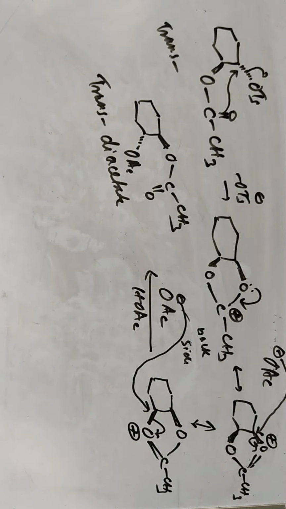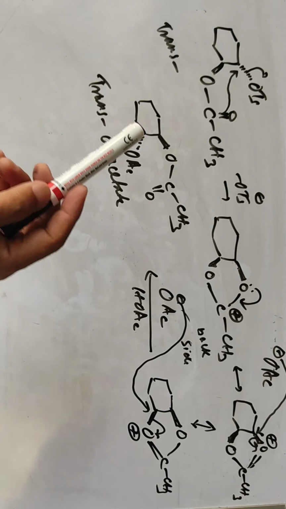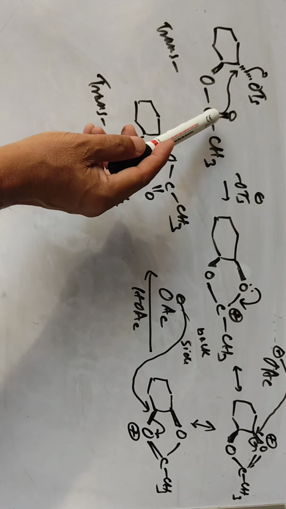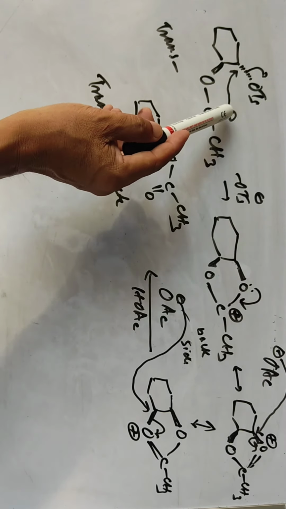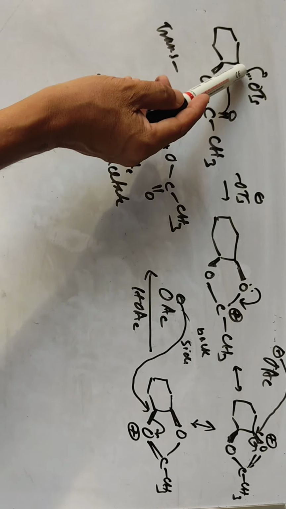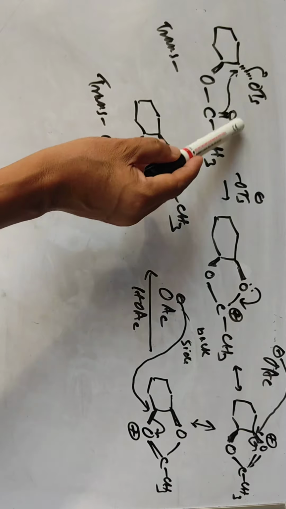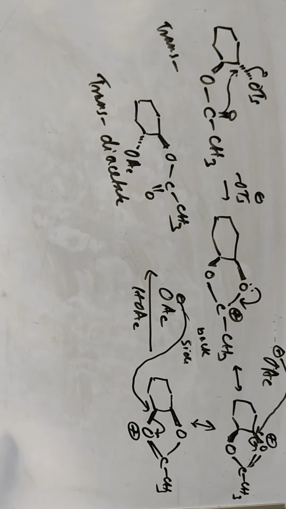So I'm giving the mechanisms here. In the case of trans, the participation takes place like this. This participation by the double bond here takes place. So we got a configuration like this. Here, in neighboring group attack, you can attack this way also, no problem.